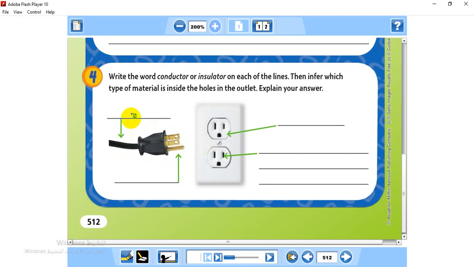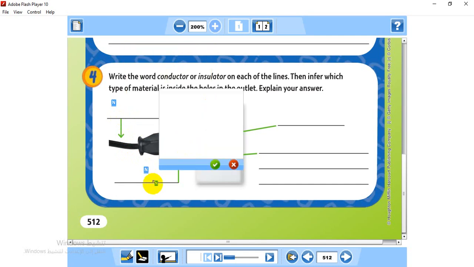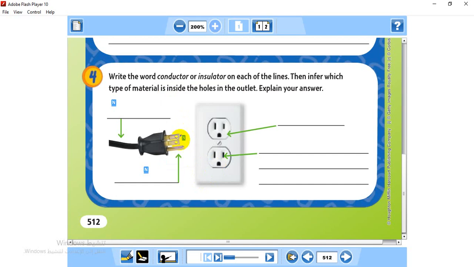So the plastic is considered to be an insulator. And the metal here is made of metals, which are considered to be conductors. So you have to write conductor. This part is a conductor, and this one is an insulator.